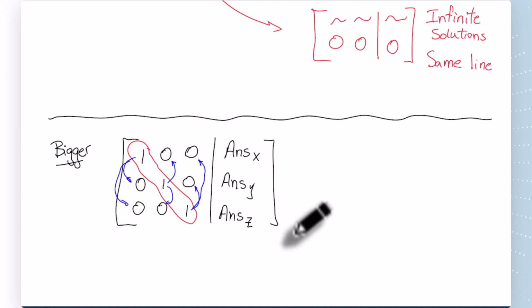And if I can do all that, then my 3 planes actually intersect in one common point. And I get my answer for x, y, and for z. The 3 equation case is doable. It just takes longer, and you have to be extremely careful because it's easy to make a multiplying or adding mistake.